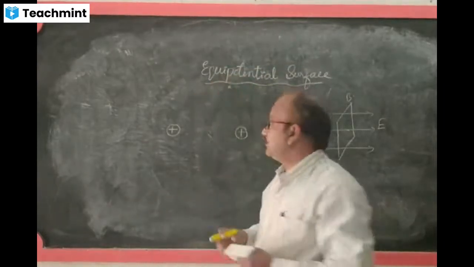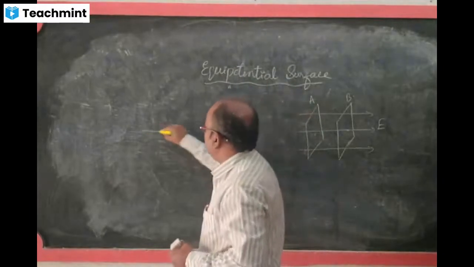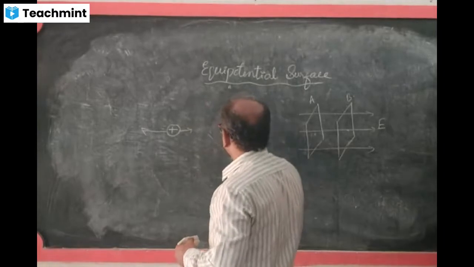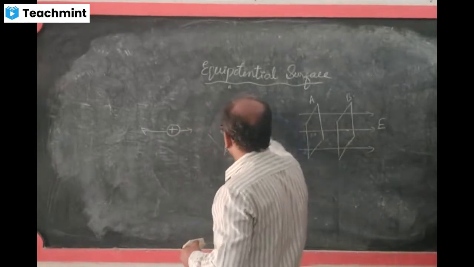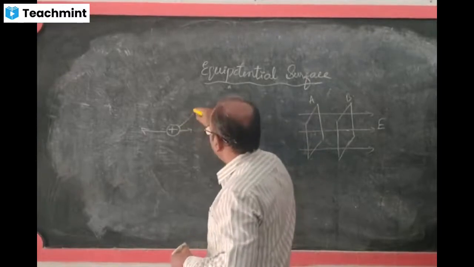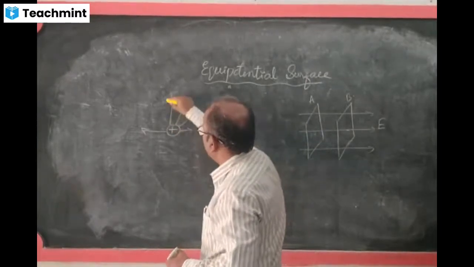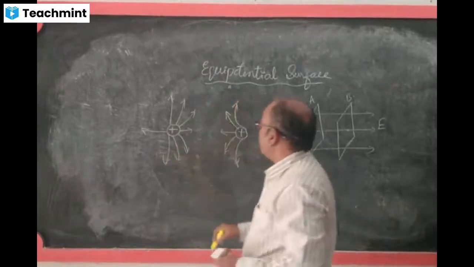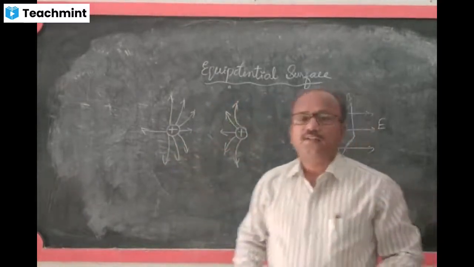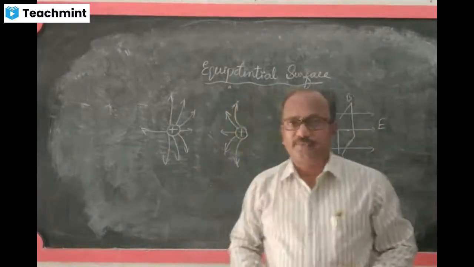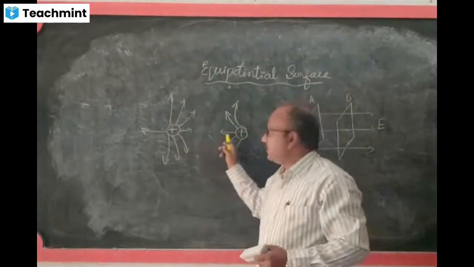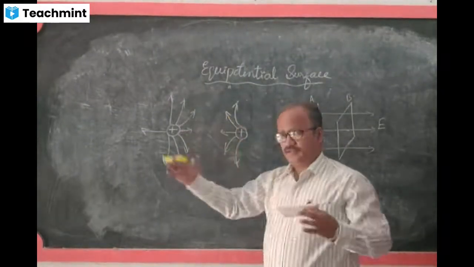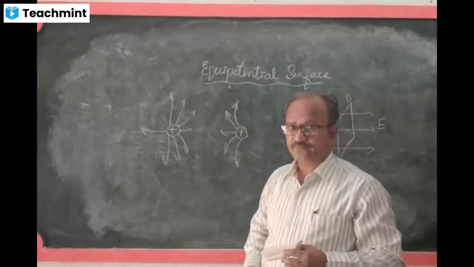So here, the direction of field lines when there are two like charges, that is positive and positive, is that repulsion takes place.